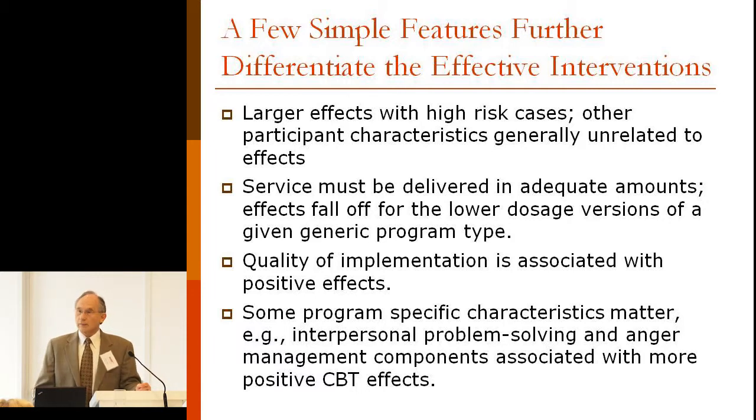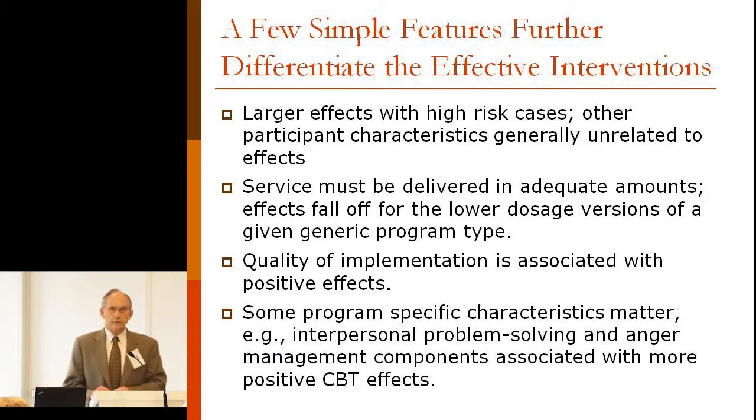As the amount of service drops off, the effects drop off. Quality of implementation matters, and the way we code this, it's largely an organizational issue, much like we were talking about yesterday. It has to do with having explicit protocols about what's supposed to be delivered, regular monitoring of the quality of that delivery, and corrective action when the implementation is not adequate.